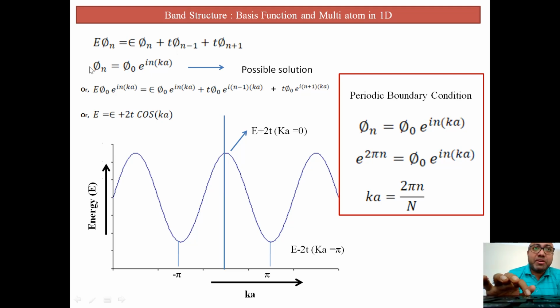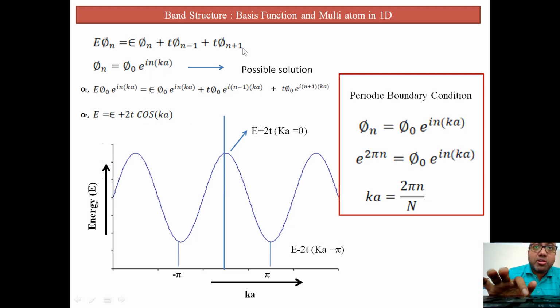It's simple like that. So we have taken the solution phi n equal to phi 0 e to the power i n k a as a possible solution, and we put it back into this expression to see how it looks. If you do all this, you will get a solution like E equals epsilon plus 2t cos ka. I hope it is understood.